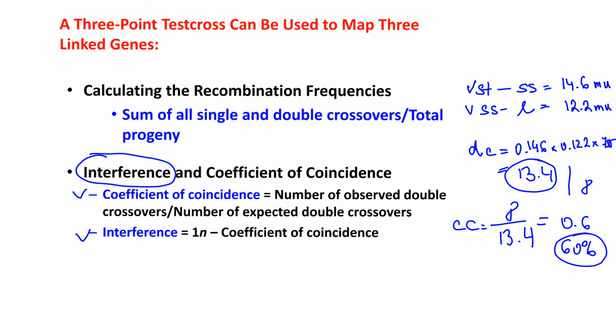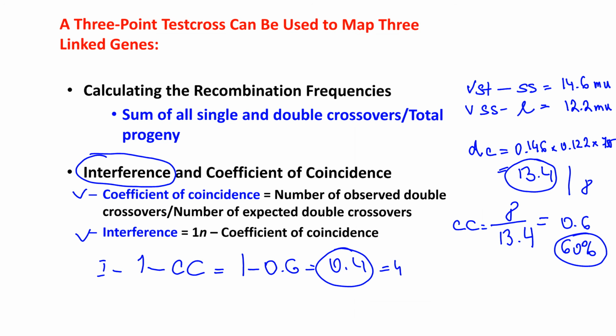So interference is 1 minus 0.6, which is 0.4, which indicates that 40% of the expected double crossover progeny will not be observed because of interference.